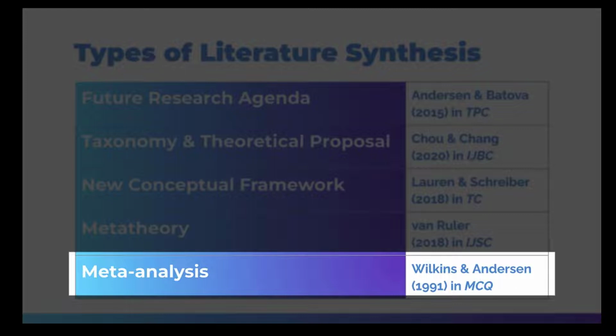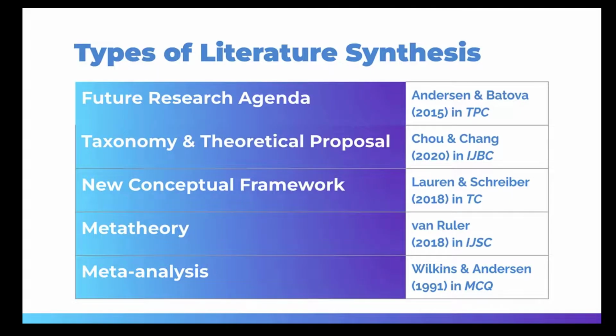It's very hard to find examples of these in business communication research, but Management Communication Quarterly, or MCQ, published one titled Gender Differences and Similarities in Management Communication, a meta-analysis, way back in 1991 by Wilkins and Andersen. In all 5 types, the literature is synthesized and integrated rather than summarized.